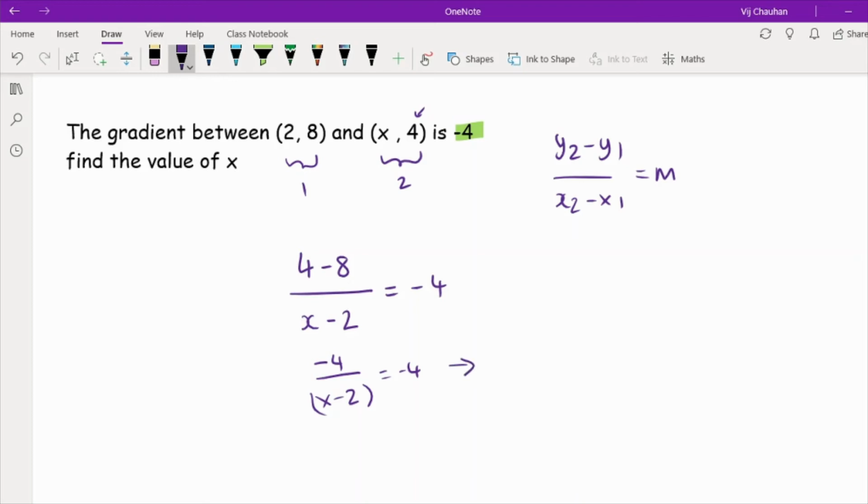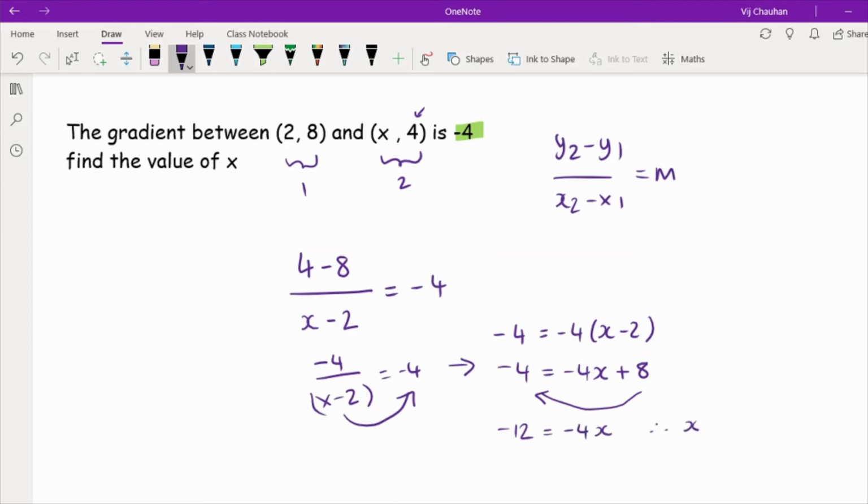I'm going to take the x minus 2 over to the other side, so I've got minus 4 equals minus 4 times (x minus 2). Expand the brackets out, in which I get minus 4x plus 8. Take the 8 over to the other side, so I get minus 12 equals minus 4x, and therefore x equals positive 3.